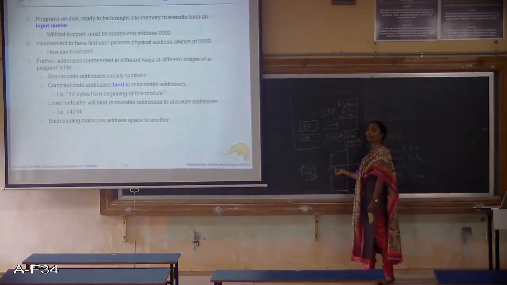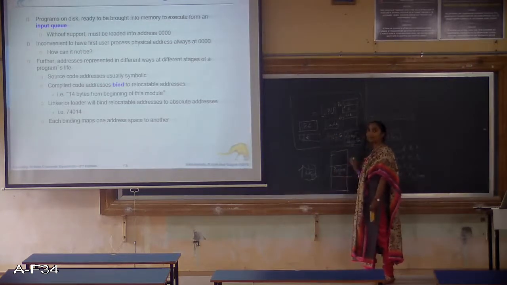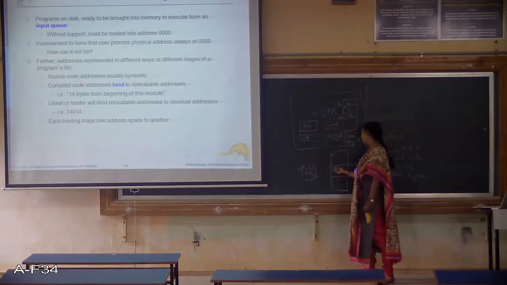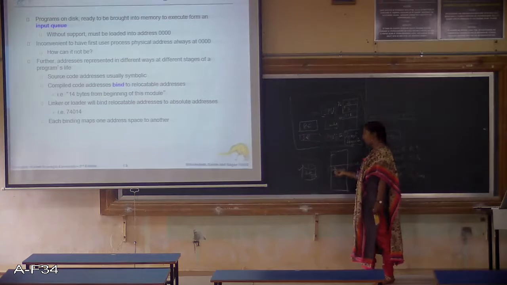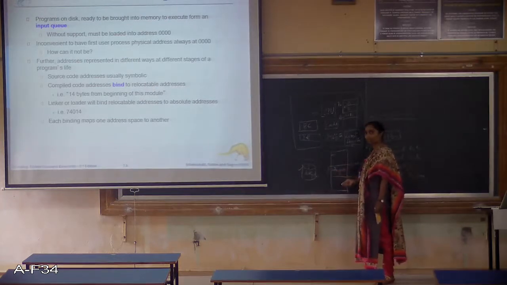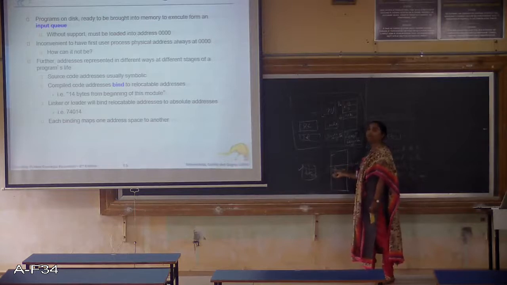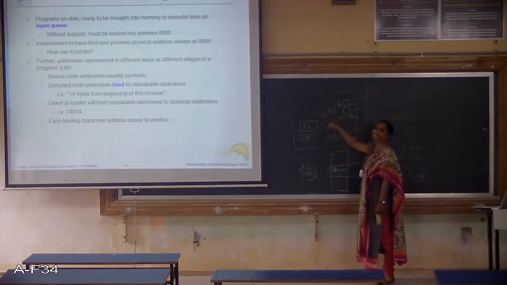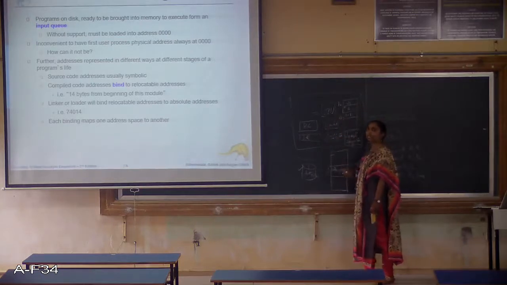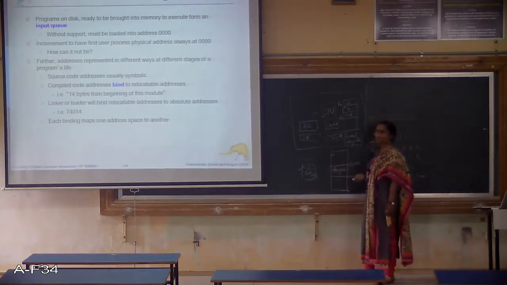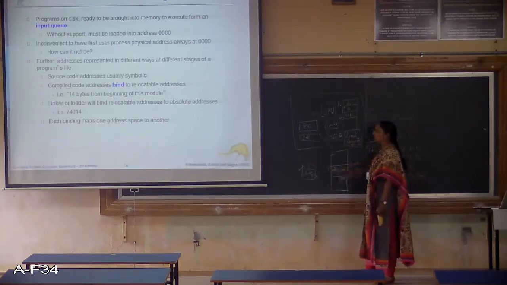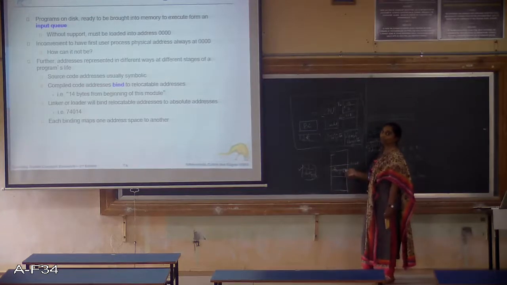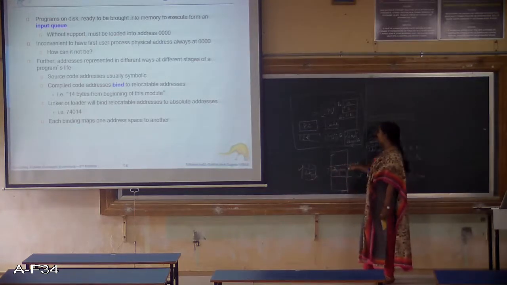When the CPU tries to access this relative address, that relative address is converted into an absolute address. What is an absolute address? The absolute address is where the data is actually present. So the base plus 32 is its actual location, which is called the physical location or physical address, and the CPU accesses the logical address.